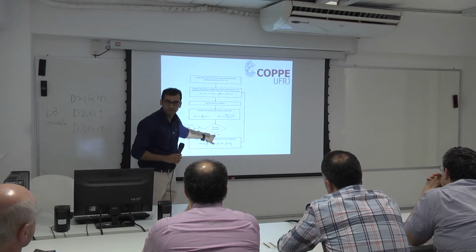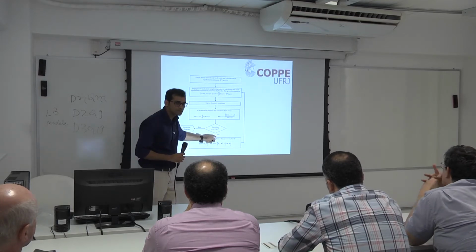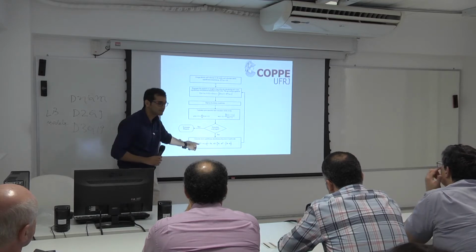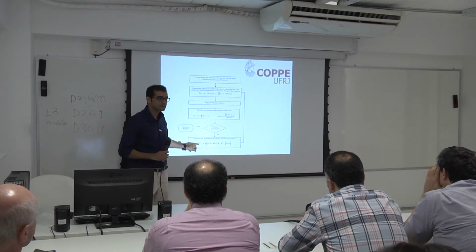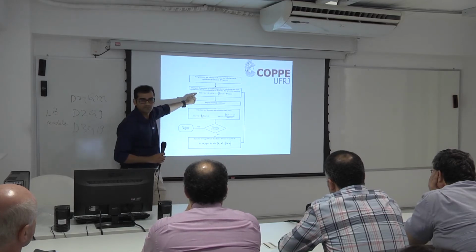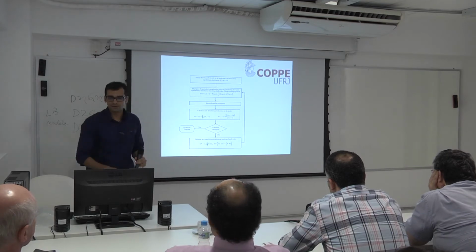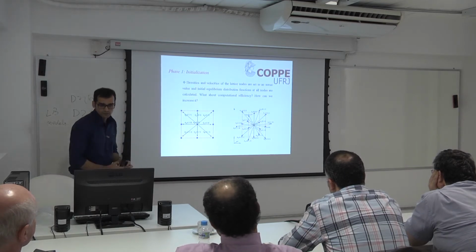Is velocity converged? Yes. Terminate the program. It's perfect, beautiful. Doesn't converge? Go back, recalculate the distribution function, and then go back to propagation. Then come back the same way. It's tedious, but it's very interesting.